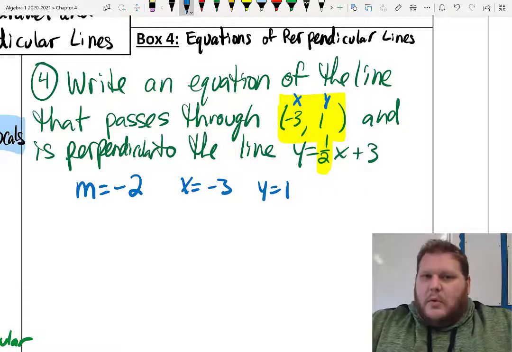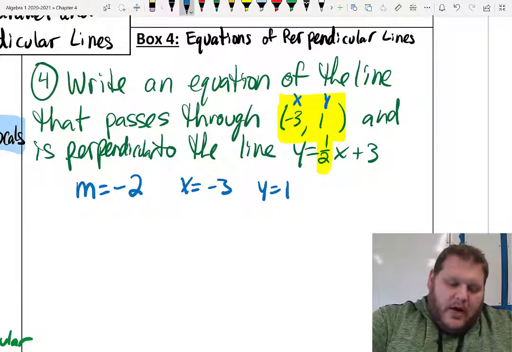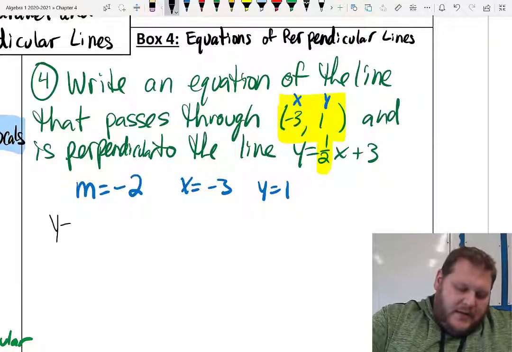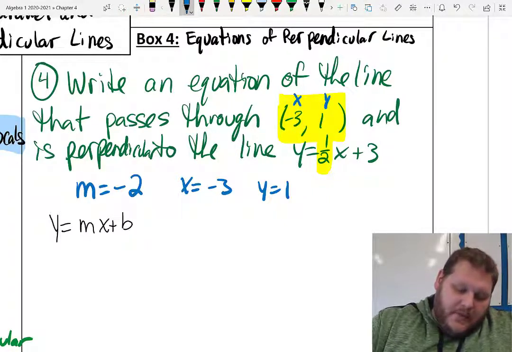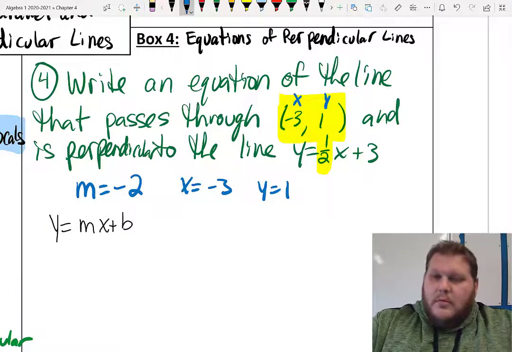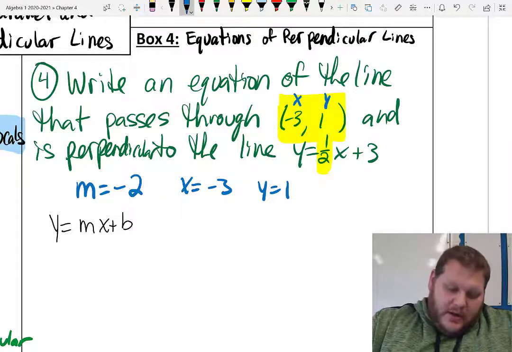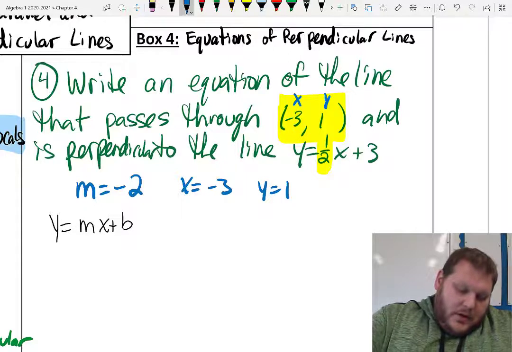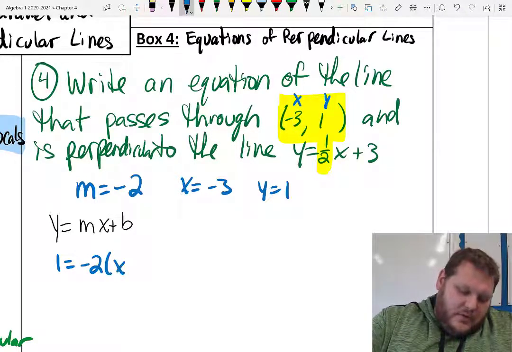And then I'm jumping into slope-intercept form to write the equation of my line using that information. Y equals mx plus b. So if I plug in, positive 1 equals -2 times -3 plus b.